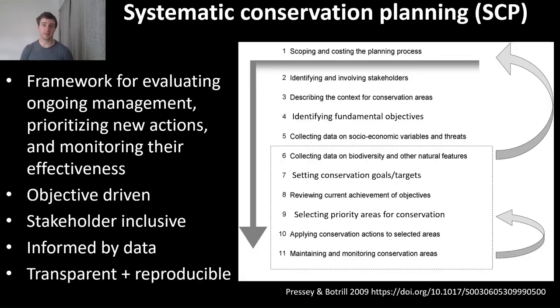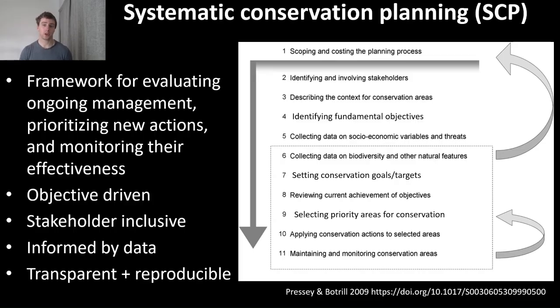The next steps, 5 and 6, relate to data collection. So here you want to collect or gather or obtain, from the field or from online resources or from published studies, data on things like socioeconomic variables and threats. And this will be really important for understanding how the biodiversity in the landscape or the seascape that you're working in is impacted by threatening processes.